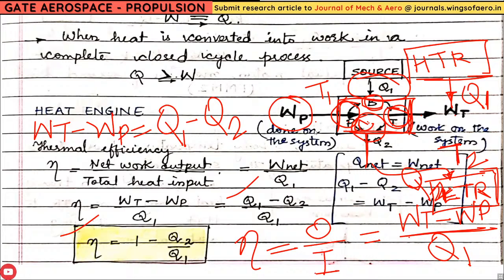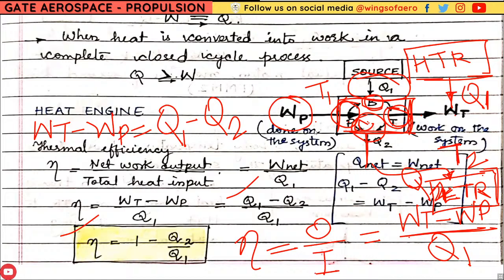Pump, what will happen in the pump? The work will be done into the pump, that means it is entering into the system. This is the system: boiler, turbine, condenser, pump. This is our system. Okay, did you get the point?